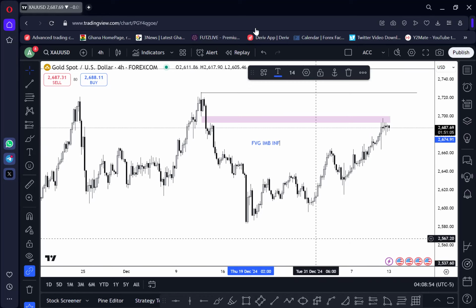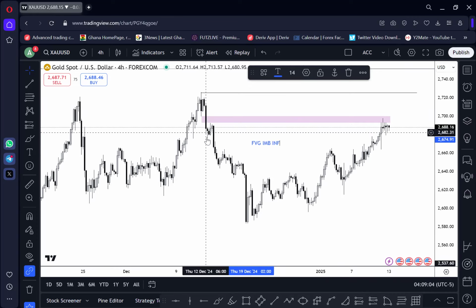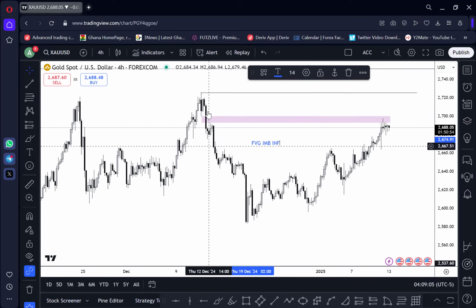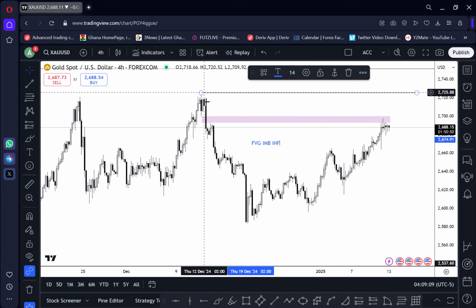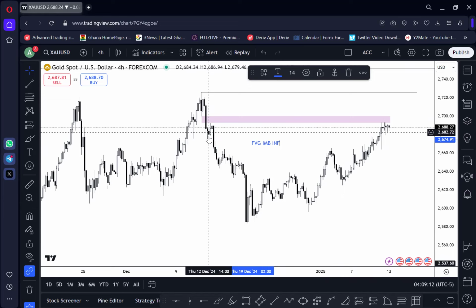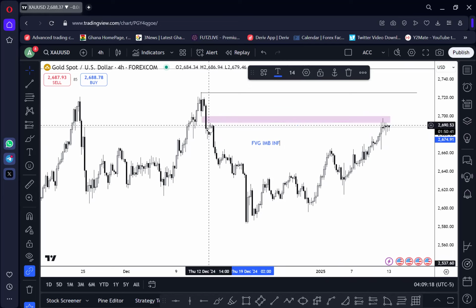If we take, for instance, this first black candle, the second large candle, and the third black candle, you see between the lower wick of the first black candle and the upper wick of the third black candle there is a gap.